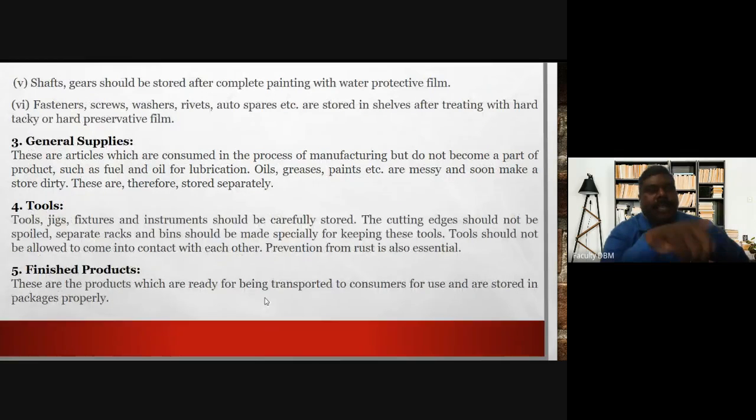Shafts and gears should be stored after complete painting with a water protective film. You would have seen in a medical shop a glass where photosensitive products that cannot be seen are preserved. He opens it and gives the medicines. So some kind of protection will be there.